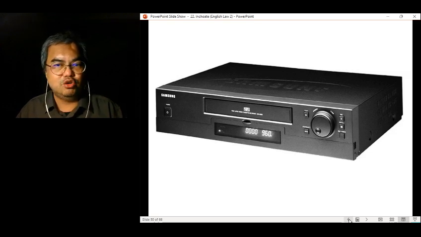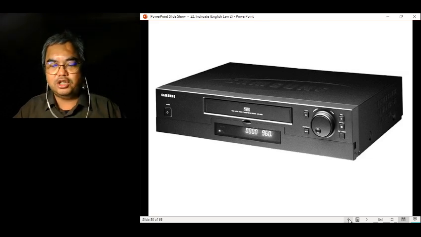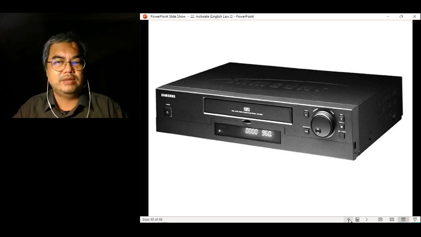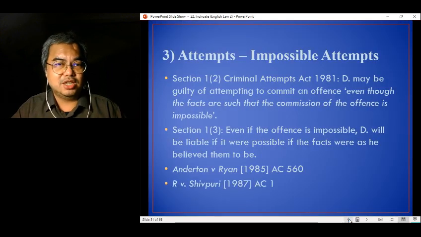There's no way that she could have committed the offense of receiving stolen goods. So the court agreed and said that she cannot be found guilty of attempting to receive stolen goods because it was impossible for her to commit that offense in the first place. Now, don't you think that this actually goes against Section 1(2) or even Section 1(3) of the Criminal Attempts Act? Yes, it clearly goes against that.